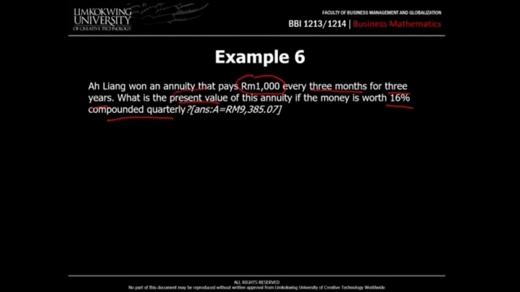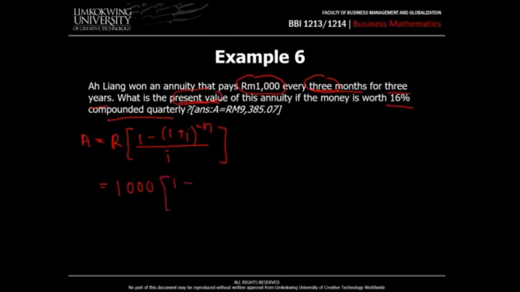The question wants you to get A. It pays 1,000 every 3 months, not monthly anymore, for 3 years. Based on the formula A equals R times 1 minus 1 plus i to the negative n, divided by i, R is 1,000.